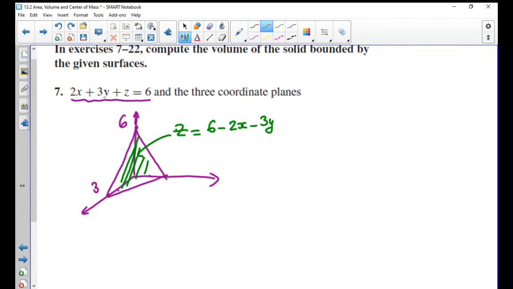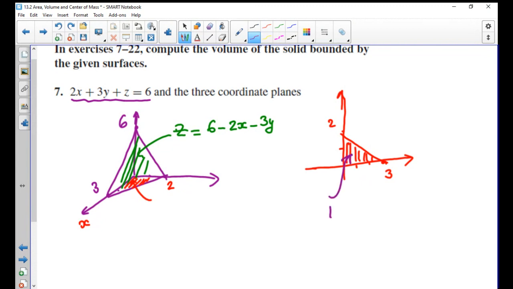And the region R is a triangle where the line goes from 3 to 2. So this is the region R on which we need to integrate.